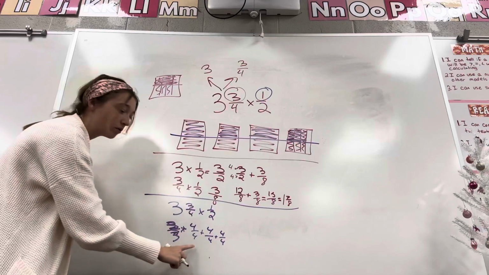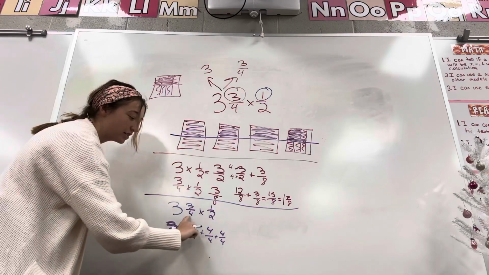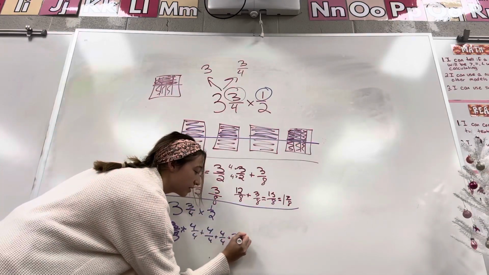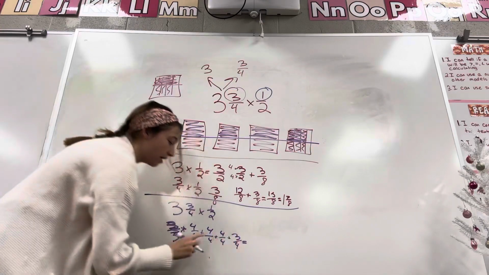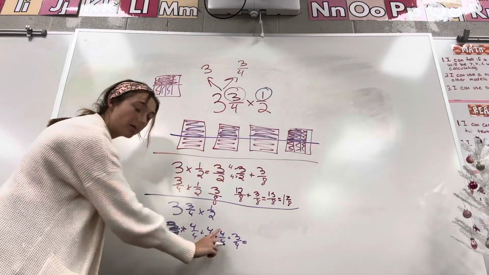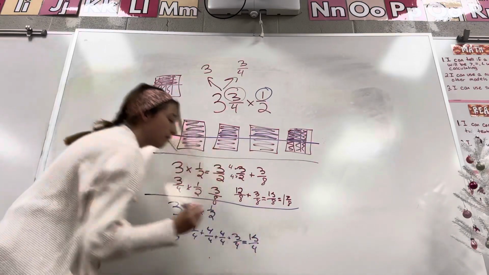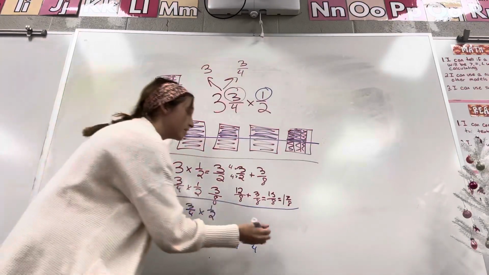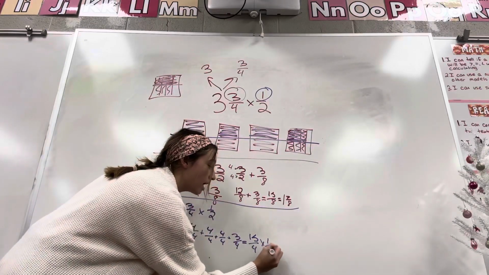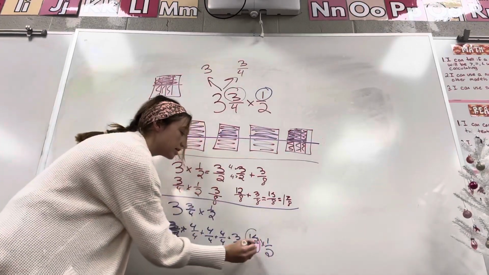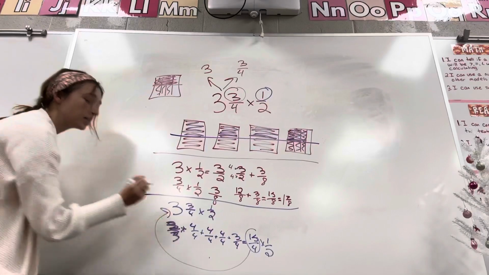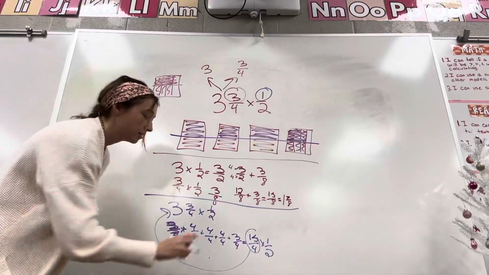Okay, there's my 3 wholes. And then I need my 3 fourths. Okay, 4 plus 4 plus 4 is 12, plus 3, 15 fourths. Now I've just got to do times 1/2, because this is the same thing as 3 3/4. We have just made it improper.